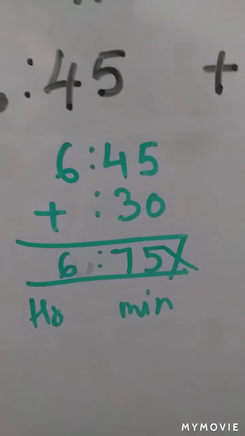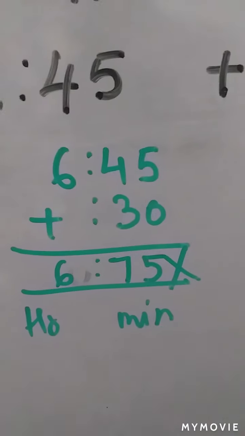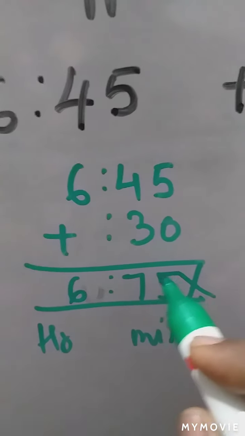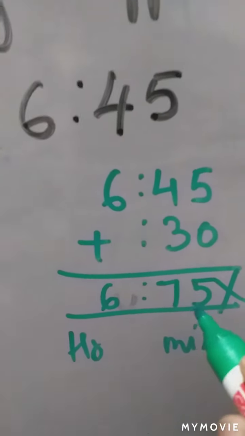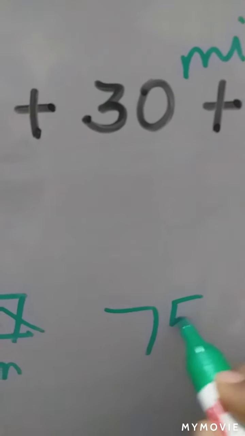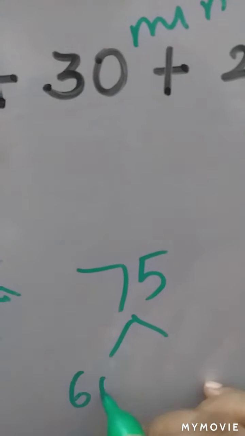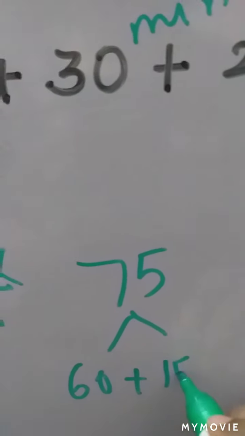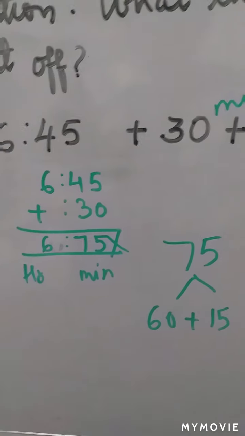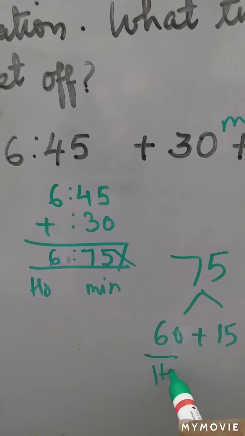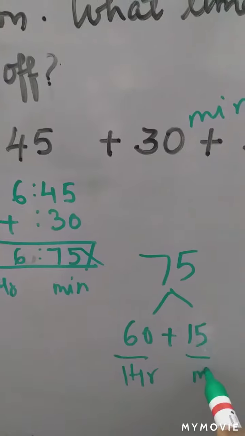We just have 60 minutes. So when this becomes 60 minutes, you have to add 1 hour here. So I will break 75 as 60 plus 15.